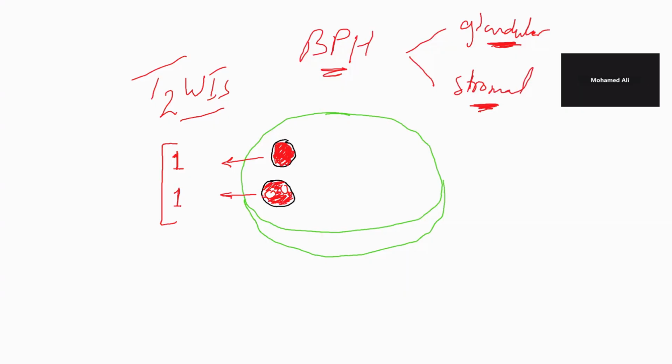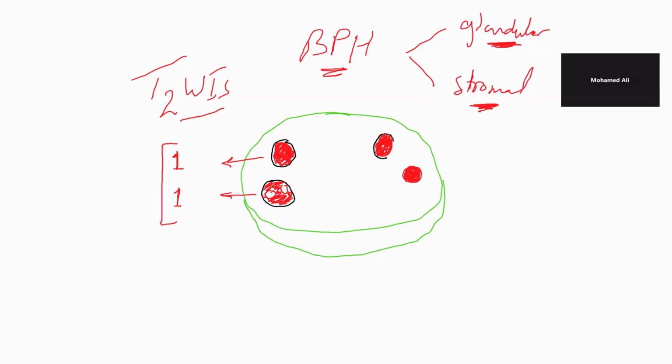We have other possibilities. Sometimes we have a lesion with a partially encapsulated margin, as you can see here, or a mostly encapsulated margin. Sometimes you can see a nodule without any capsule, but it is well defined.